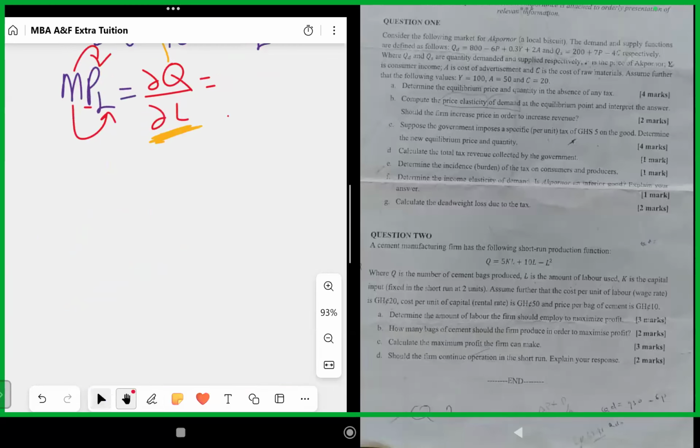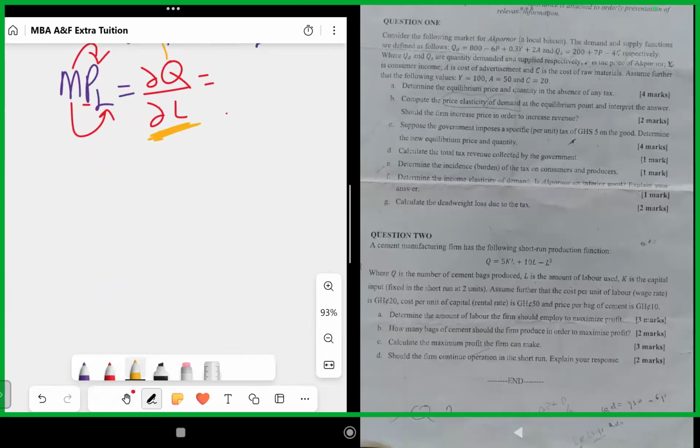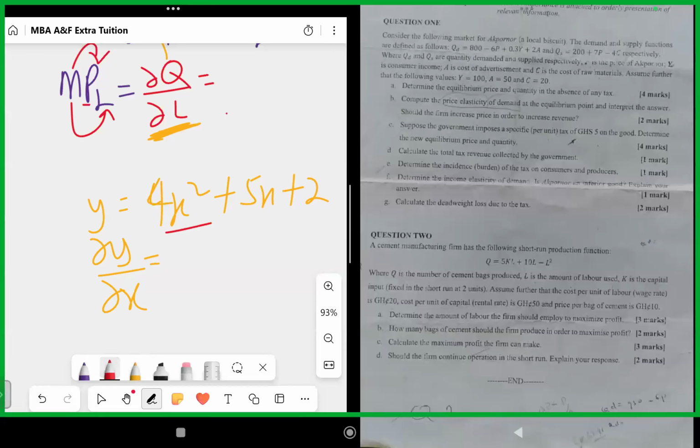Assuming I have y equals 4x squared plus 5x plus 2, and I'm differentiating, the owner of the equation is y. So I'll differentiate y over x, the variable in the equation I should differentiate. So I'll be searching for x. When I get to the first term, to differentiate, I'll multiply 2 by 4, then for x, I'll subtract 1 from the 2.